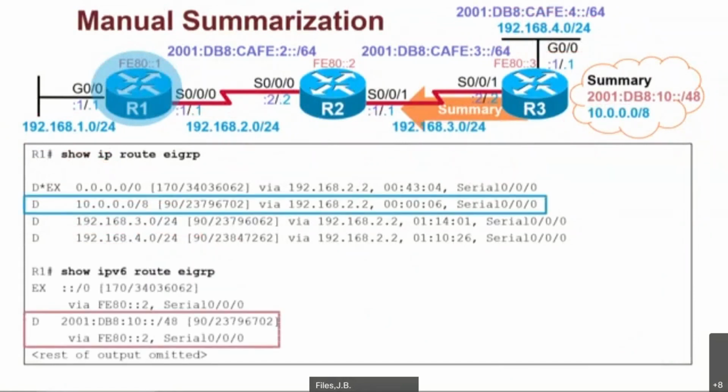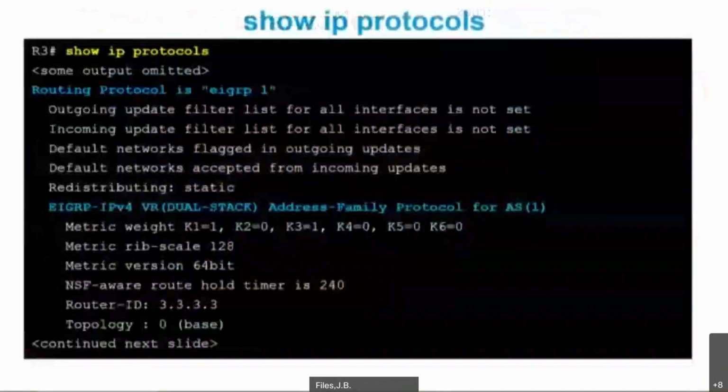For IPv6, same thing. We have the default route, and then we have this summarized route over here. Notice it's the /48 instead of a /64. And then I'm not showing it, but we've got those routes as well.